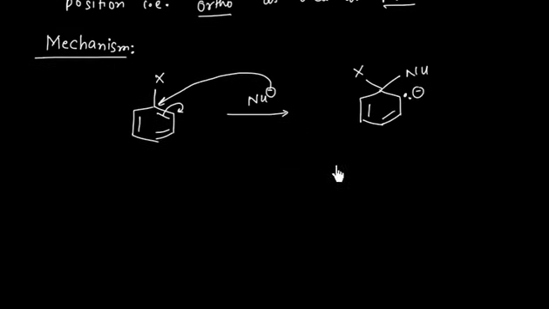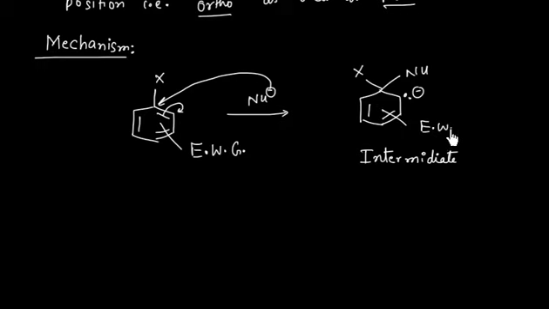So we have this as the intermediate. Now we have an electron withdrawing group. This shows the position of the electron withdrawing group is not fixed.